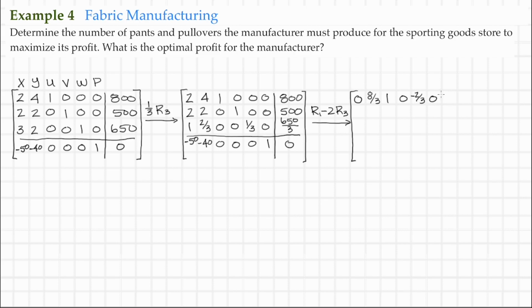Bring down our vertical line. 650 thirds times 2 is 1,300 thirds, and 800 minus 1,300 thirds is 1,100 thirds. Close off our bracket, and we can fill in the rest.